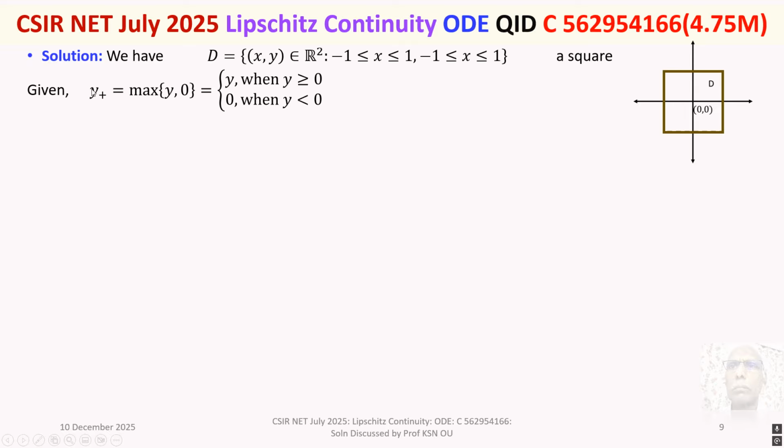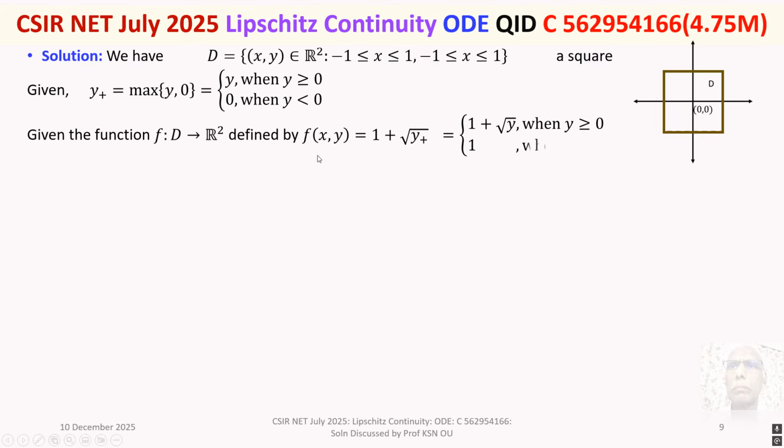We are given y subscript plus, defined as the maximum of y and 0, which is equal to y when y is greater than or equal to 0, and 0 when y is less than 0. Right. Given the function f from D to R square defined by f(x, y) equal to 1 plus the square root of y subscript plus.